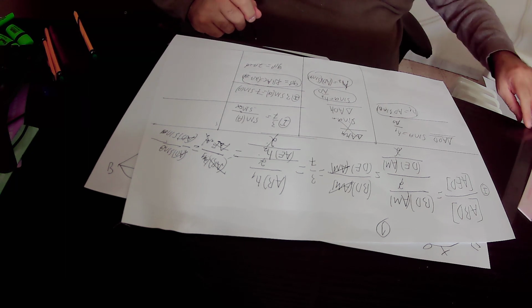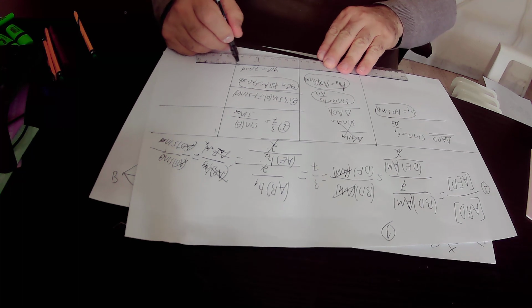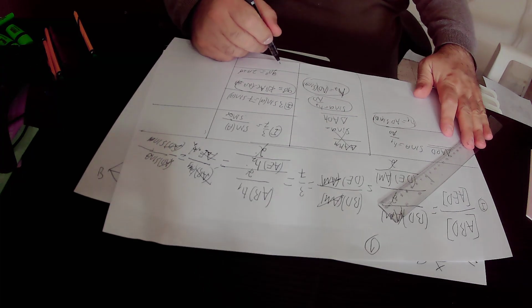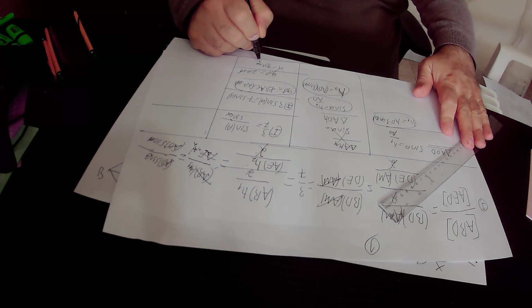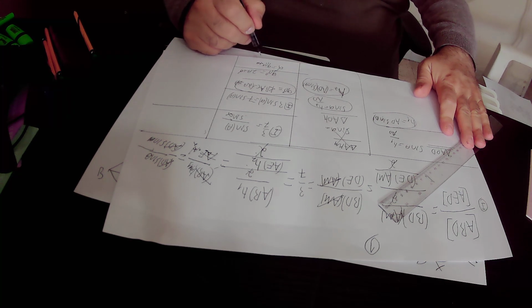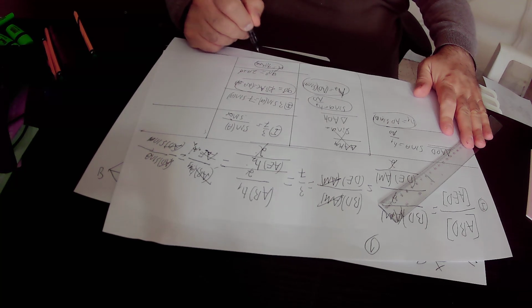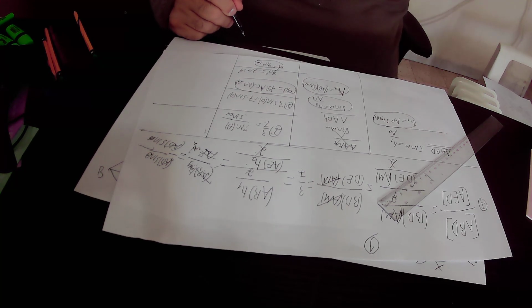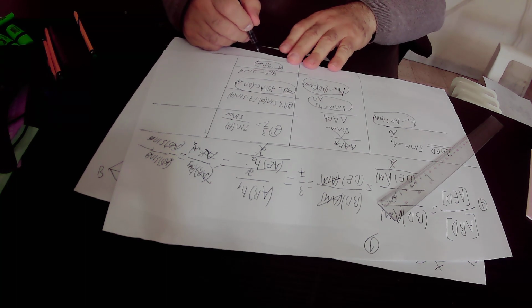Here we subtract 2 theta from this equation and we get that angle alpha equals 90 degrees minus 2 theta.